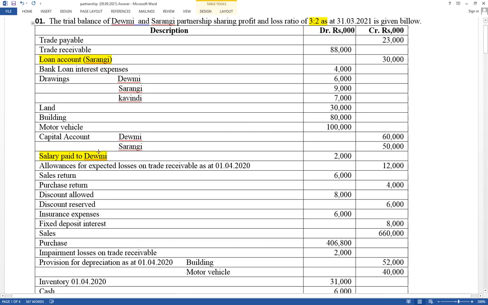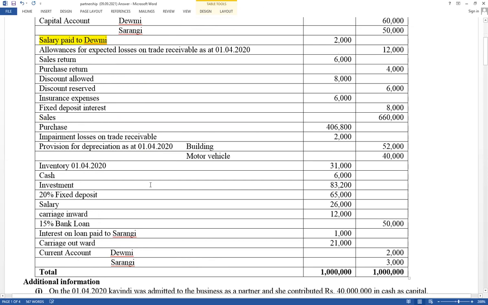Think, salary paid to Devumini, all the amounts paid to partners, think where we record them. All other information is normal. And interest on loan paid to Sarangi has been given. Think about this one also. As well as the current account balance has been given.